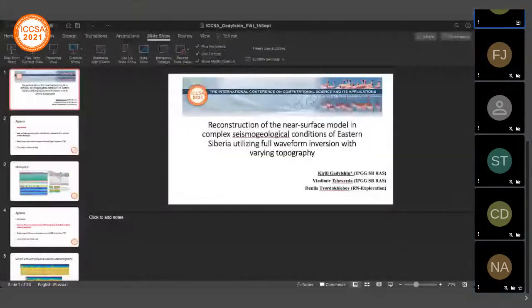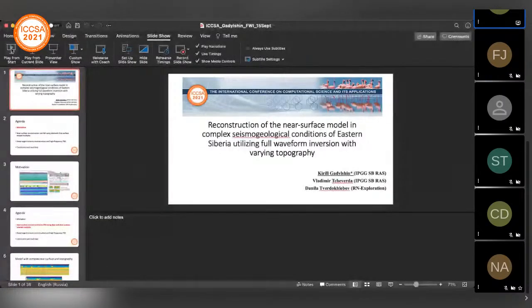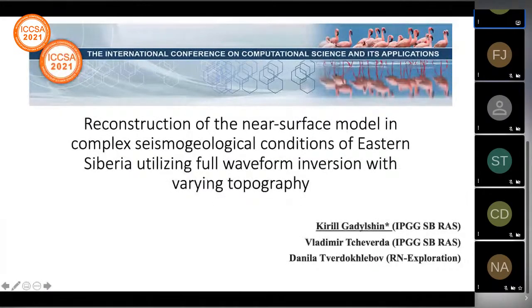The title of the paper is Reconstruction of the Near Surface Model in Complex Seismological Conditions of Eastern Siberia, utilizing full waveform inversion with varying topography. You can start your presentation. Try to stay within the assigned time. It's 10 minutes plus 5 minutes for queries and answers.